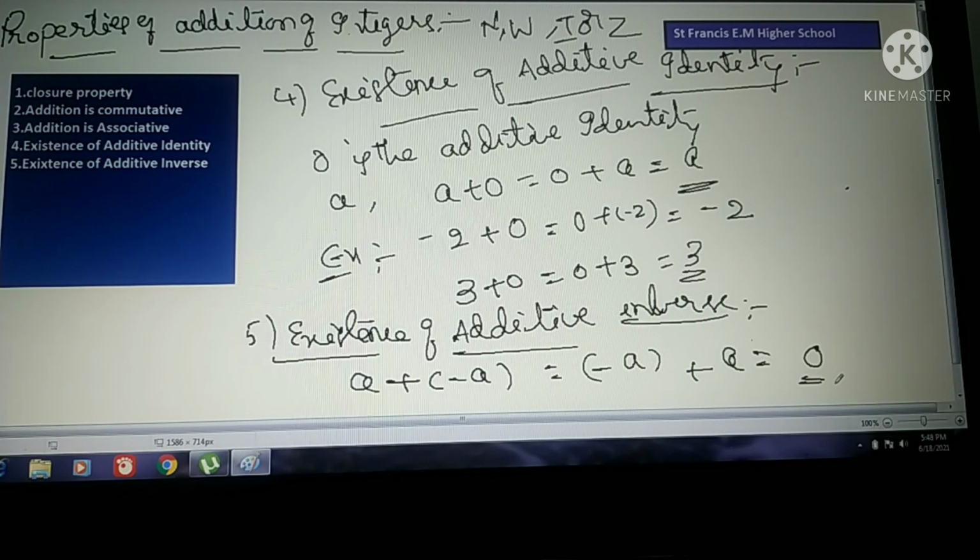Understood? Additive inverse of a will be minus a. Additive inverse of minus a will be a. Vice versa. Just opposite. So, a comma minus a are additive inverse of each other. Understood?